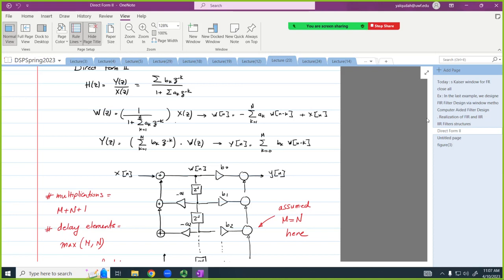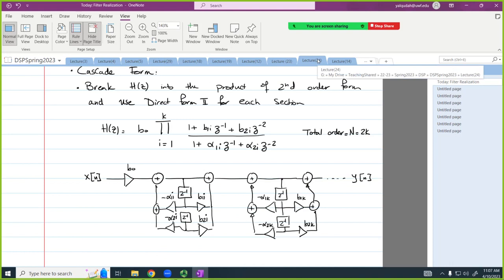Okay, so nevertheless, in the direct form 2, where we have this form, we can realize the filter using, if it's a second order, 2 delay elements. And these are the b's, these are the alphas. So that one, we broke it down into the product of second order forms.